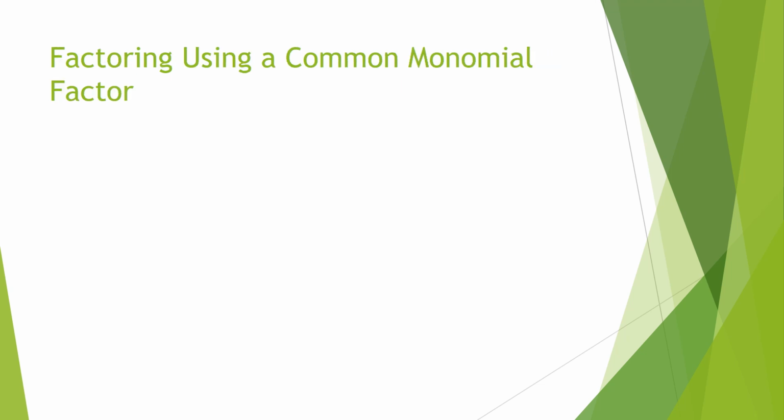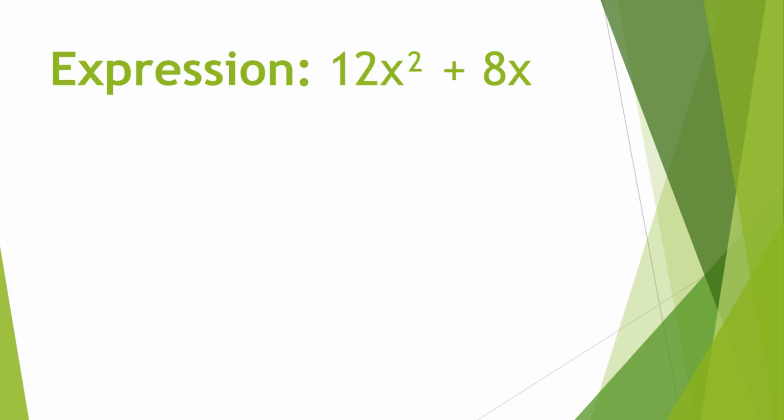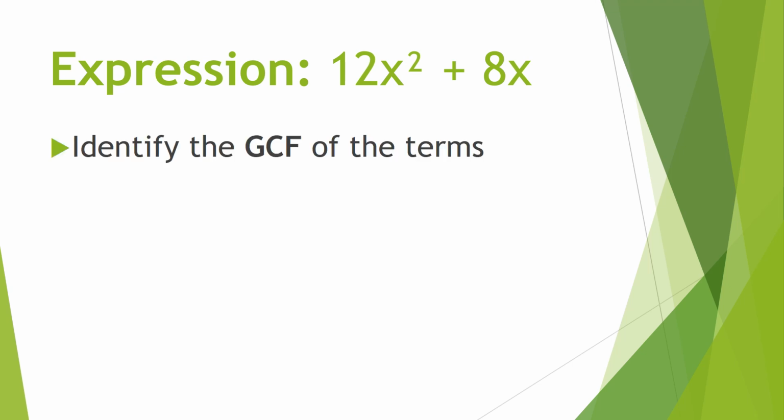Okay, factor using common monomial. We have the expression 12x squared plus 8x. First, identify the greatest common factor of the terms. So the GCF of 12x squared and 8x is 4x. Ang ginawa natin kanina, prime factorization tayo.